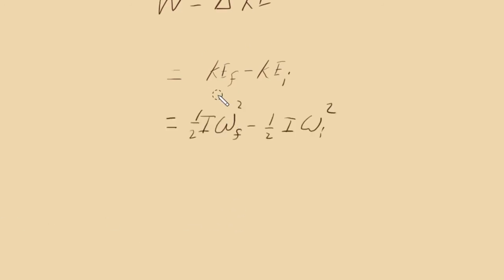The kinetic energy, as we saw in our first slide, is equal to 1/2 I omega squared. So for the final, we'll just put final, and initial.